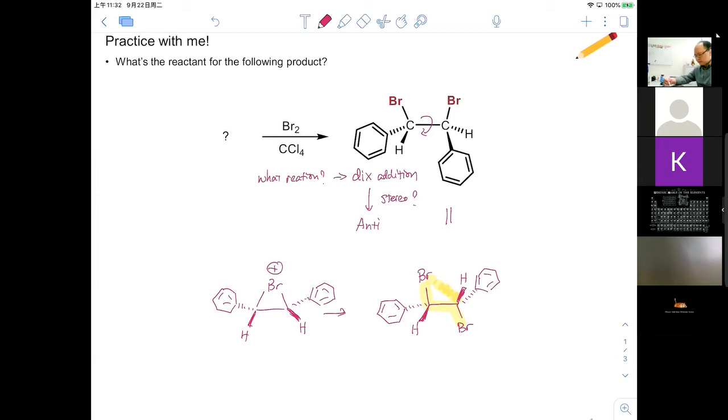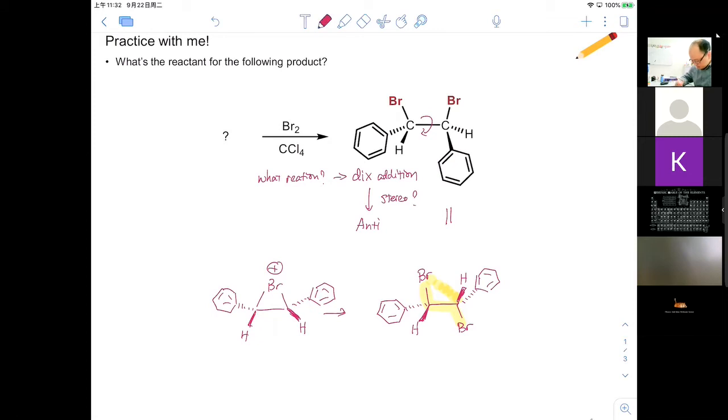Okay, just to make sure you understand this: the bromide attacks from here to generate this one, right? Attack from here, this bond breaks, and the bromide is here. Now you have a bromonium ion intermediate, so it's very easy to figure out the alkene starting material. The two phenyls are on the same side, because here they are both pointing to the back.